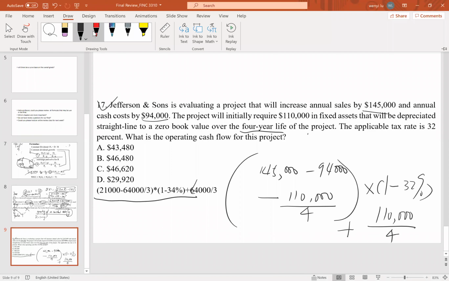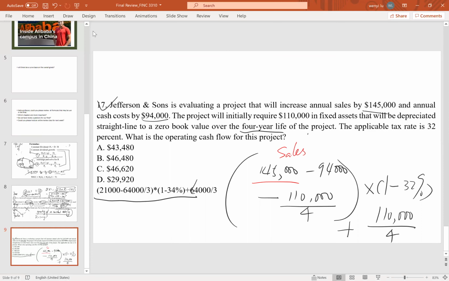So let me change different colors. You can see here, this is your revenue, the sales. Sales minus the cash cost, or you can say operating cost. And don't forget to also minus the non-cash cost, which is the depreciation.